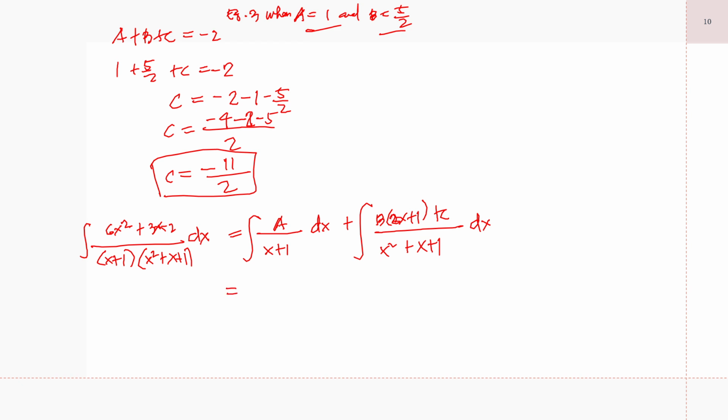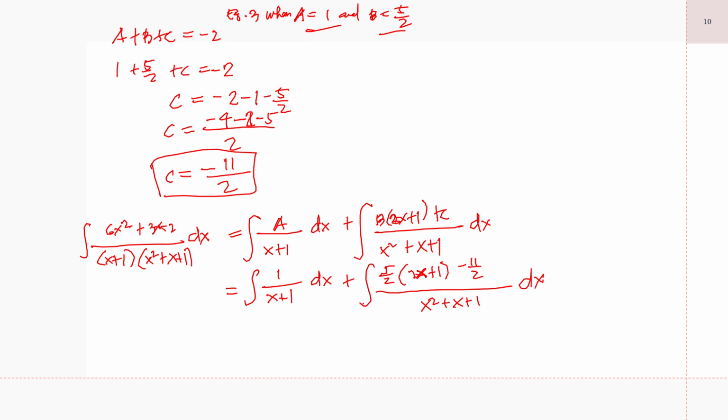The value for a is equal to 1, so therefore integral of 1 over x plus 1 dx plus the value for b is 5 halves 2x plus 1, and the value for our c is minus 11 over 2 over x squared plus x plus 1 dx.